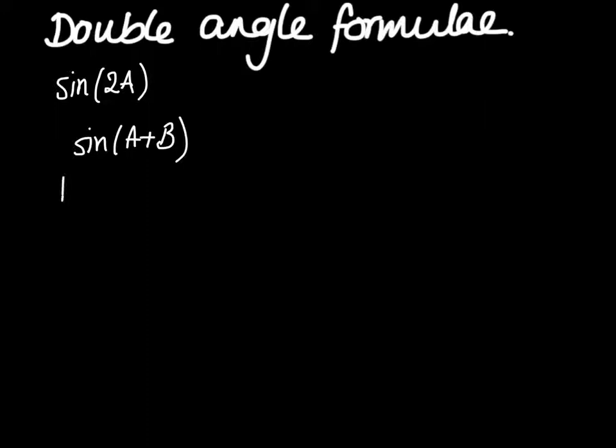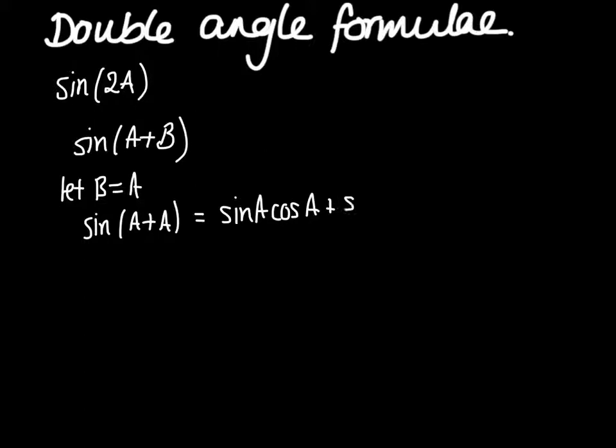So let's let b equal a and see what happens. Well, we'd get sine of a plus a. We can just expand that using our compound angle formula. So that would be sine a cos a plus cos a sine a.